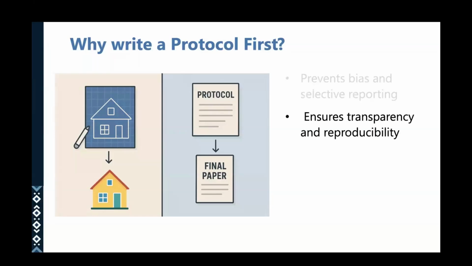Secondly, this protocol will help you ensure transparency and reproducibility. Transparency and reproducibility are key concepts today in research because they are very, very important, not only for systematic reviews, but for other types of studies. People are really worried whether people are applying the right methodology and statistical methods.